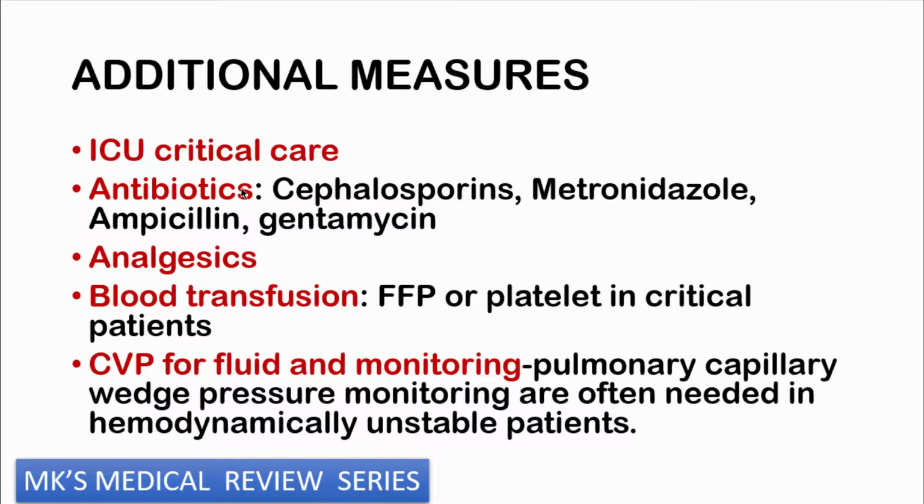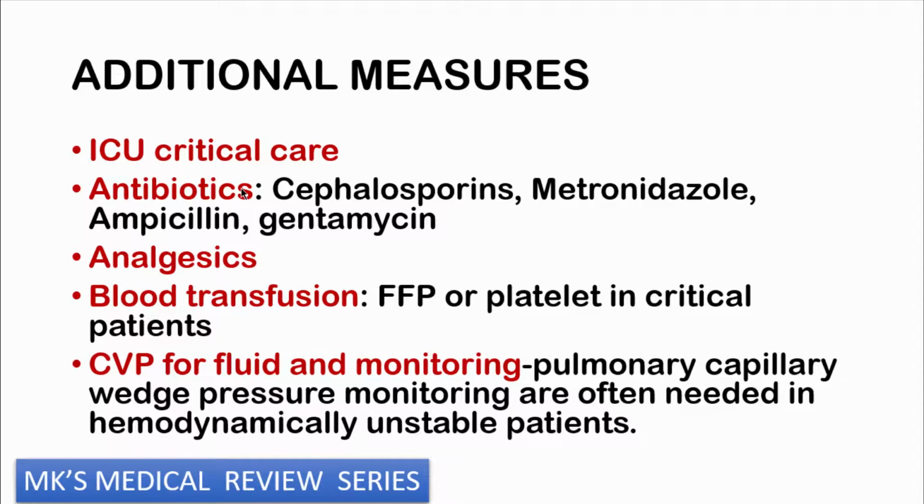Some additional measures that you may actually give for this patient. So you ideally want to admit them to the ICU after the surgery. Before the surgery, please start intravenous antibiotics. So a good combination would be your cephalosporins. So you could use your ceftriaxone combined with metronidazole IV, of course, you could also alternatively use ampicillin. You could also use gentamicin. Give analgesia to this patient.